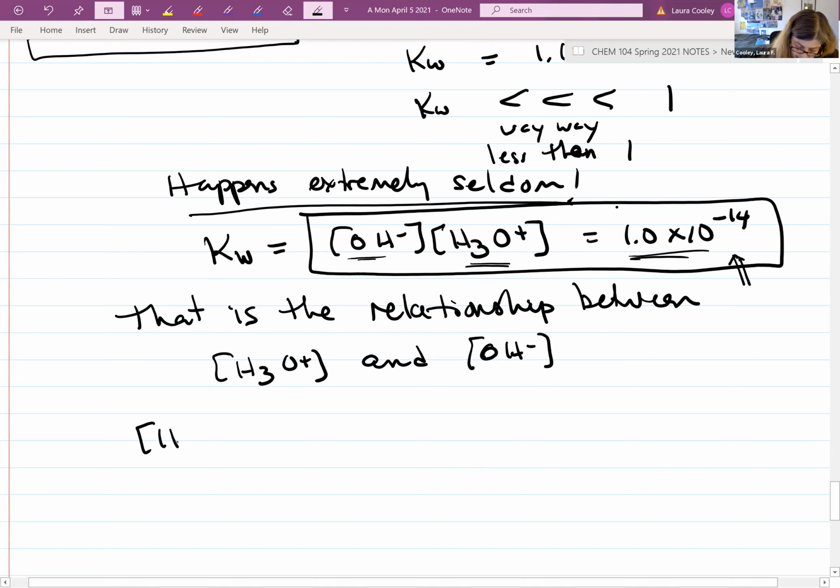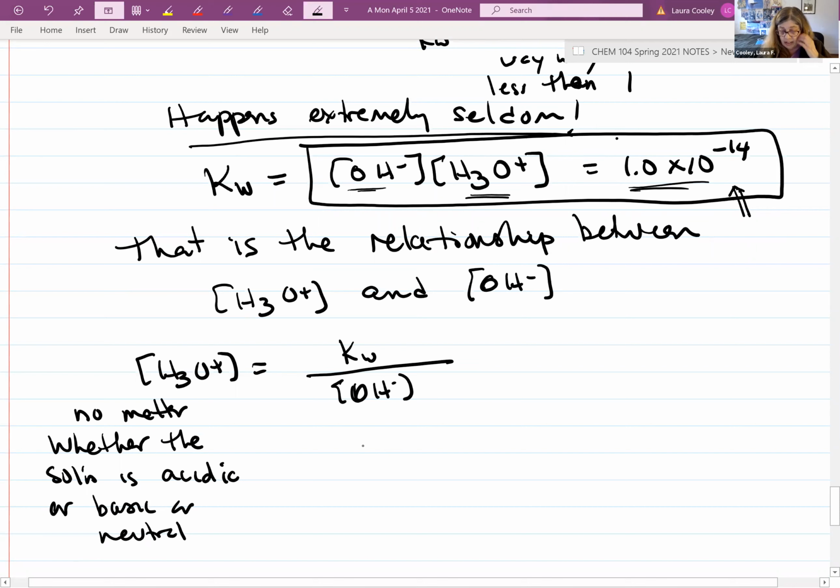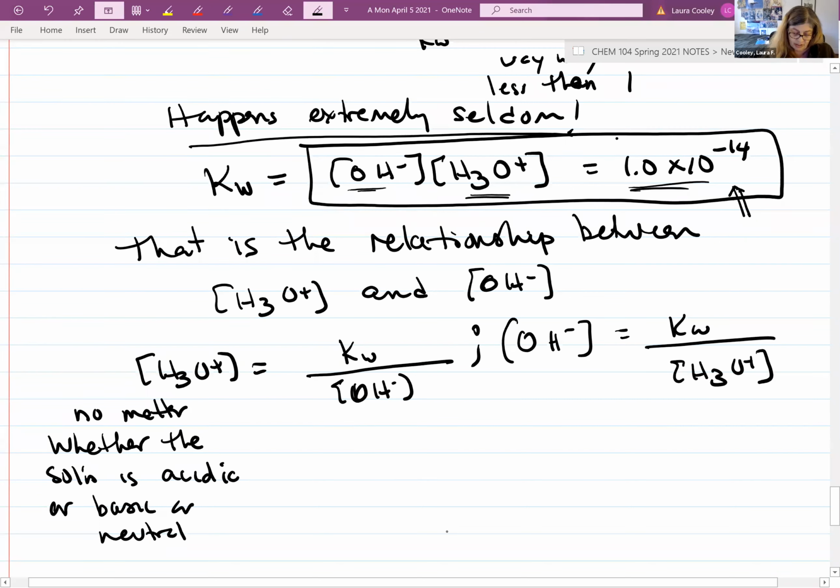Okay, so we know that H3O plus, no matter whether the solution is acidic or basic or neutral, because of this equilibrium, is always Kw over the hydroxide ion concentration, and the hydroxide ion concentration is always Kw over the H3O plus concentration.